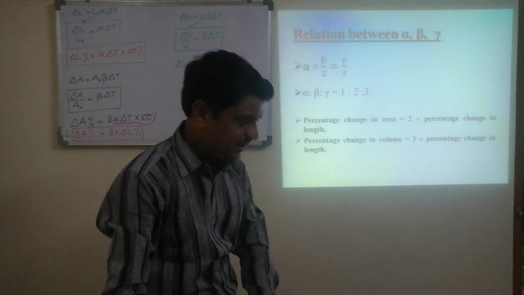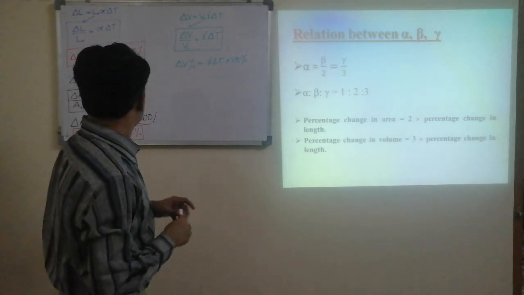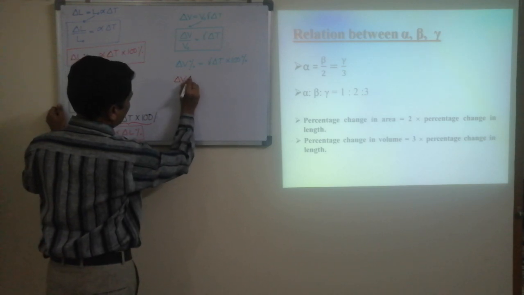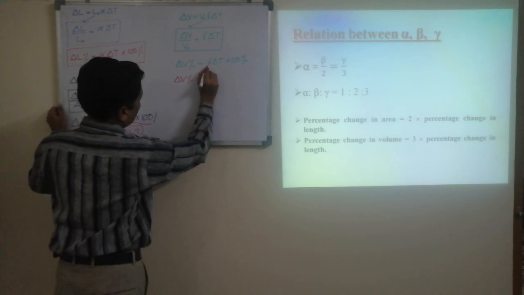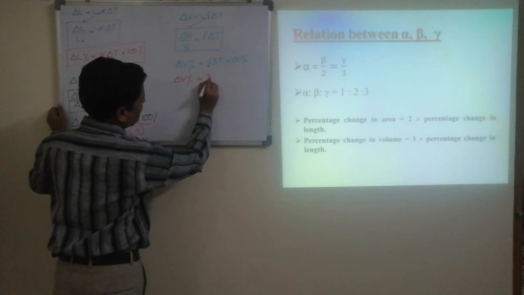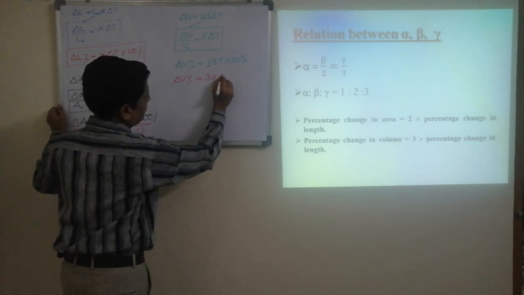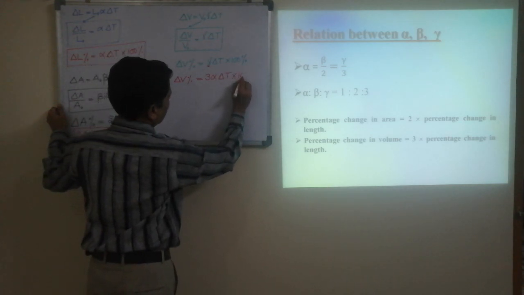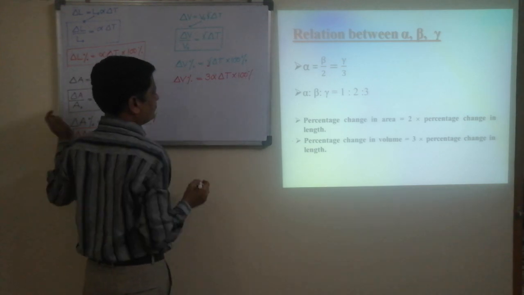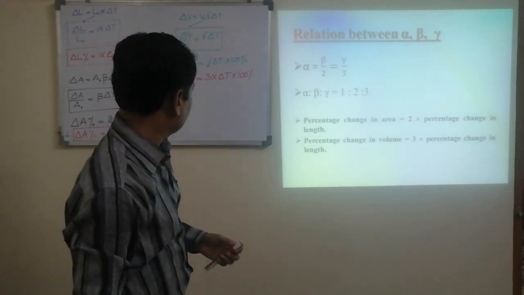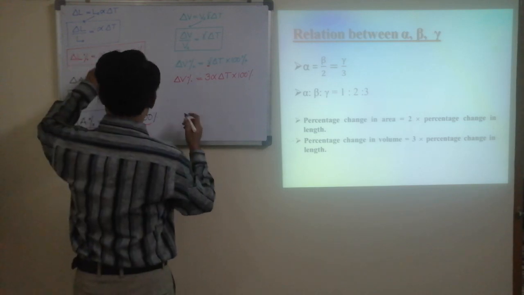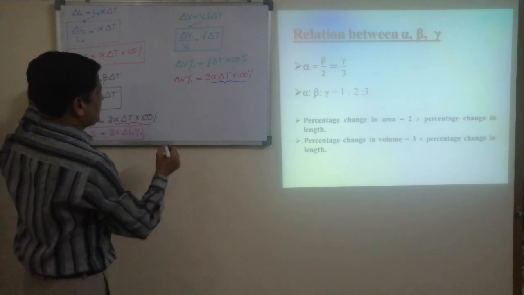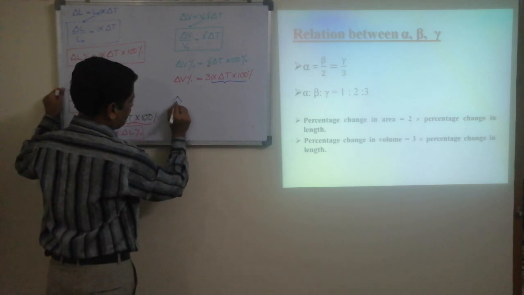Now I can substitute. Percentage change in volume is equal to this gamma, which can be written as 3 alpha, into delta T multiplied by 100%. Now you can compare: alpha into delta T into 100 is nothing but percentage change in length.